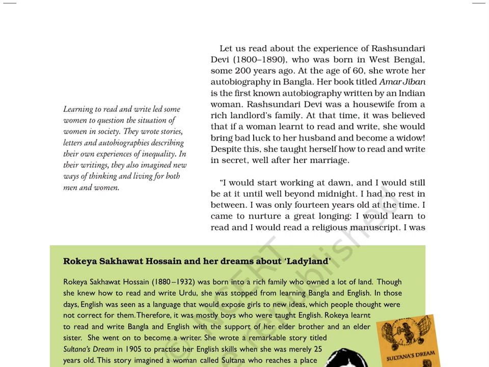Rashsundari Devi was a housewife from a rich landlord's family. At that time, it was believed that if a woman learned to read and write, she would bring bad luck to her husband and become a widow. Despite this, she taught herself how to read and write in secret well after her marriage.